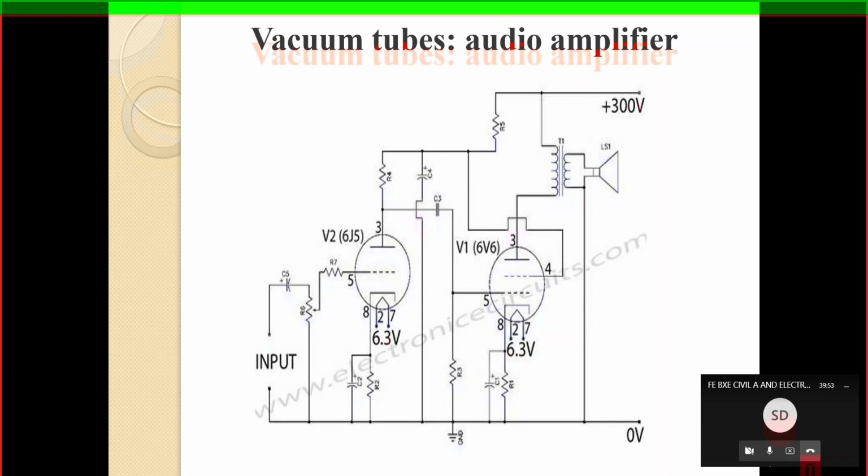Instead, you can replace the vacuum tube with a transistor.